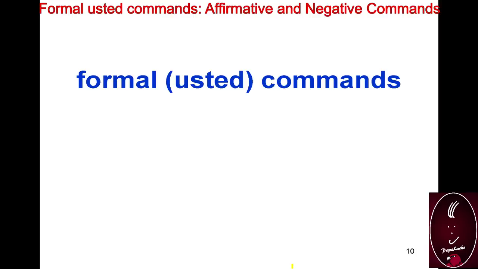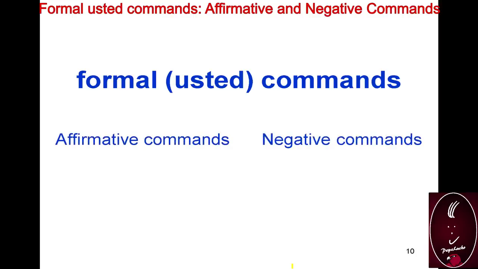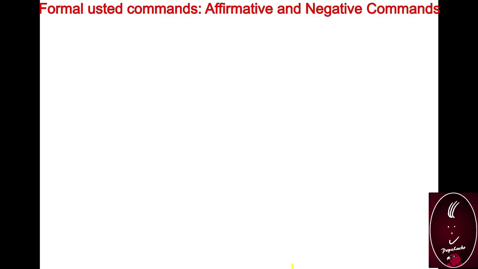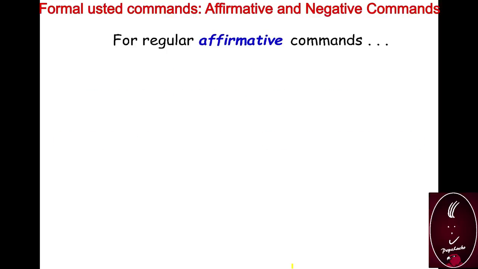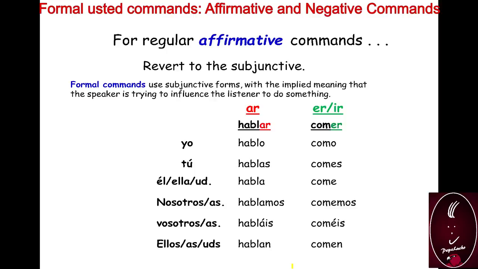If we want to ask someone to do something politely, we are going to use formal usted commands. We have some affirmative and negative commands. To form some regular affirmative commands, we are going to use the conjugation of the usted and ustedes endings for the AR and the ER and IR conjugation.